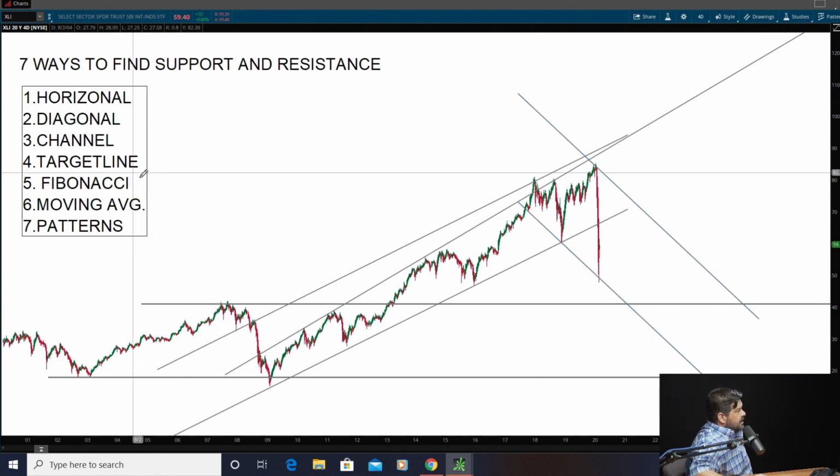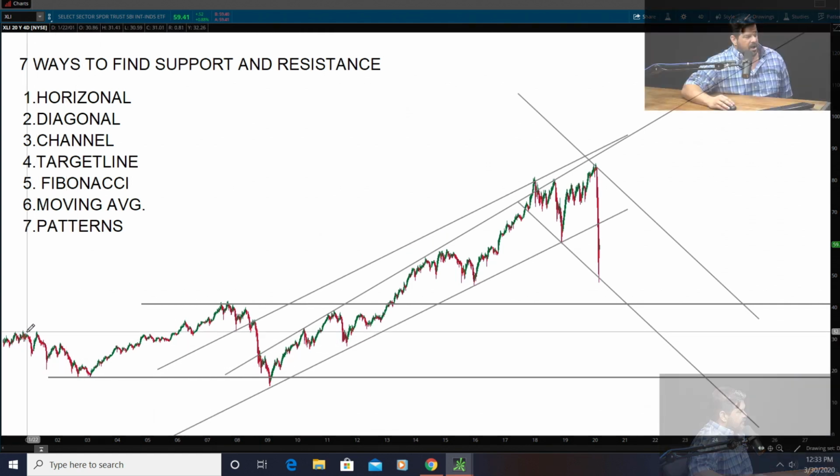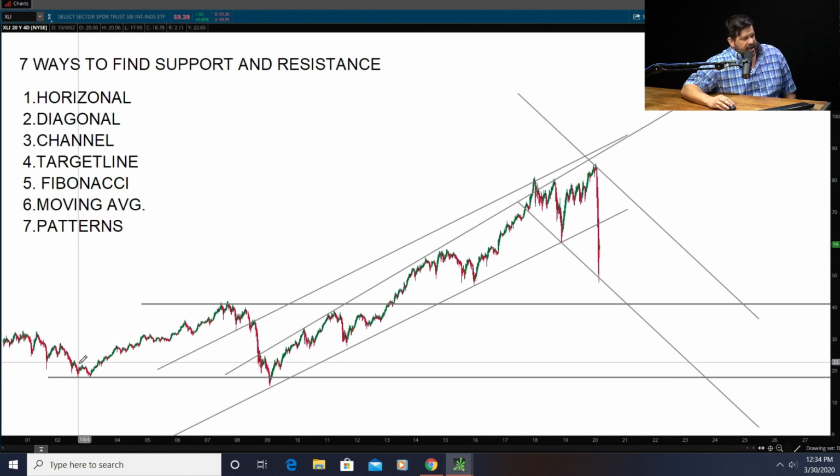Next is going to be target lines. Target lines, like diagonal lines, are highs and lows, but they're not necessarily channels. You'd come off of this here, you'd have a small channel, then a longer up channel, then a down channel, and then this long up channel here. We're not going to talk about this intermediate channel.